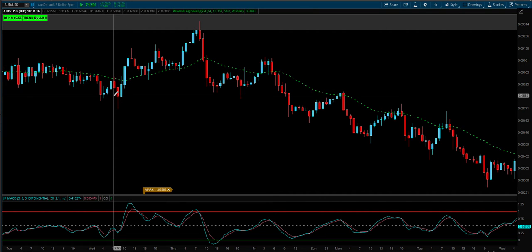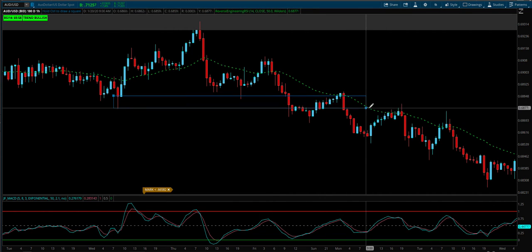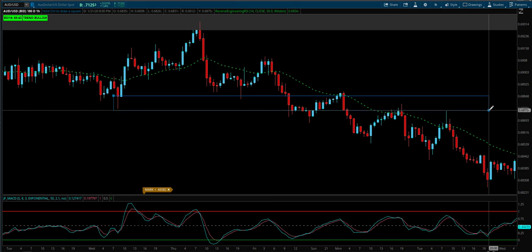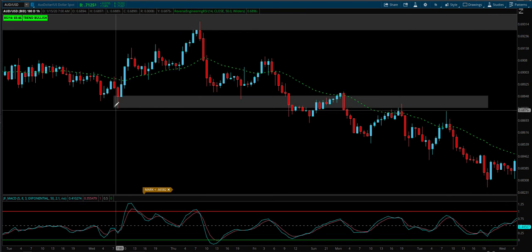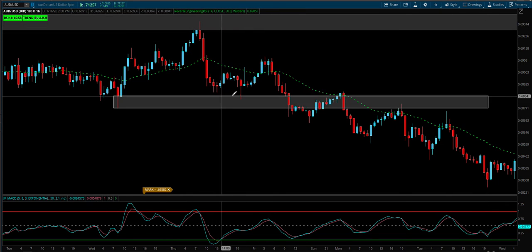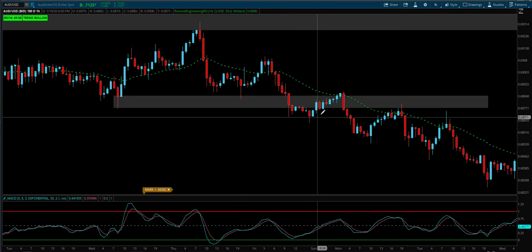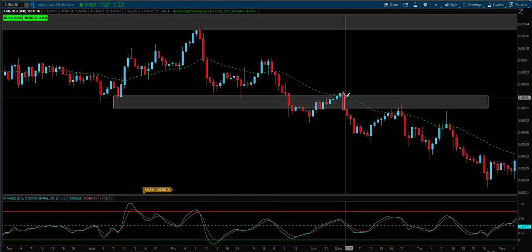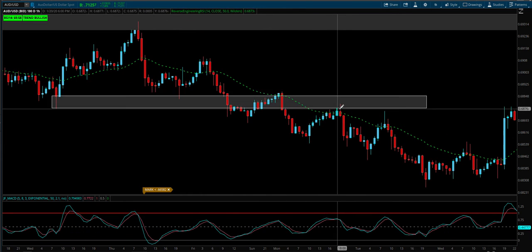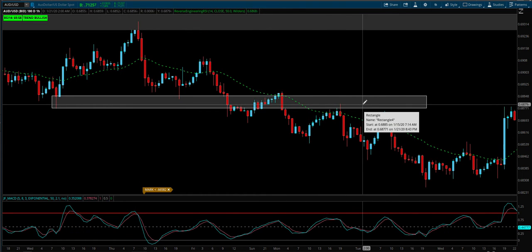Here's another one you can see. This only worked once, it looks like. So here you came up, hit supply, came down, came up, broke through, kind of acting as resistance now, and now this actually started to make another supply zone.